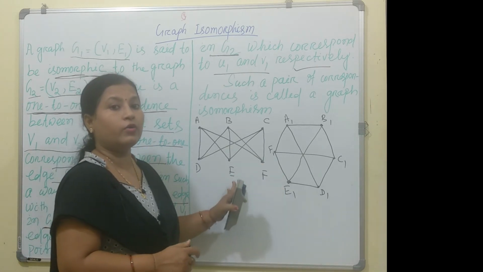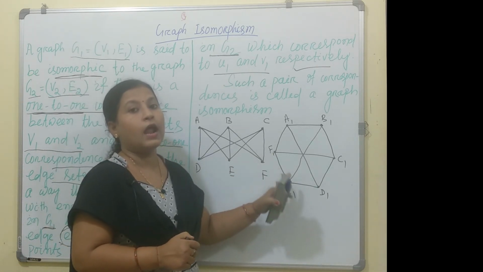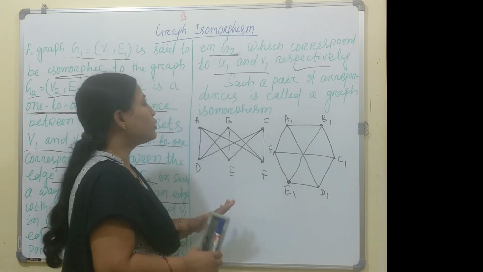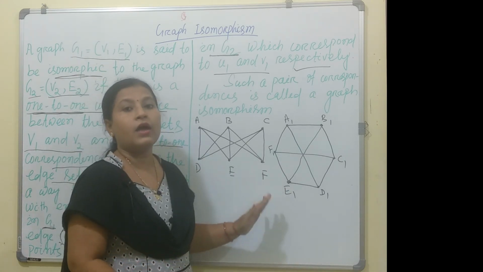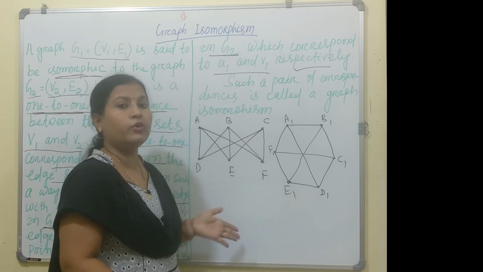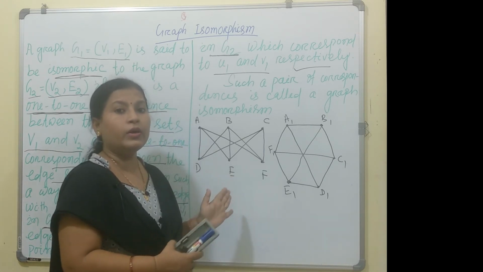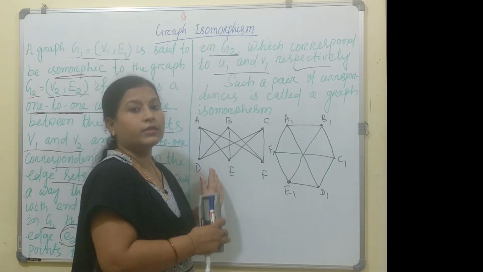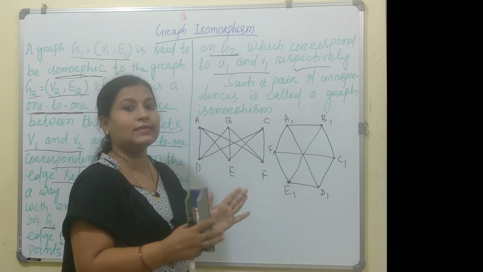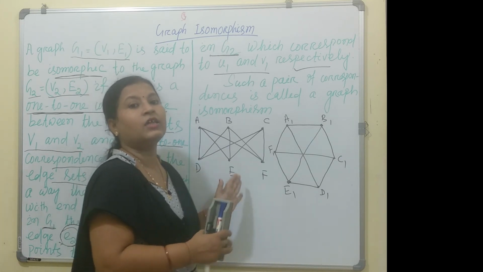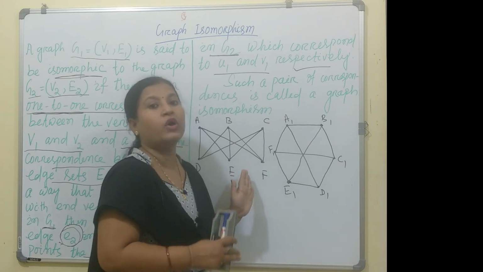There is also a 1-to-1 correspondence with the vertices and with the edges. So the two graphs are isomorphic graphs. Similarly, we can take any two graphs and, comparing the correspondence of pairs of vertices and edges, we can check the isomorphism of the graphs.